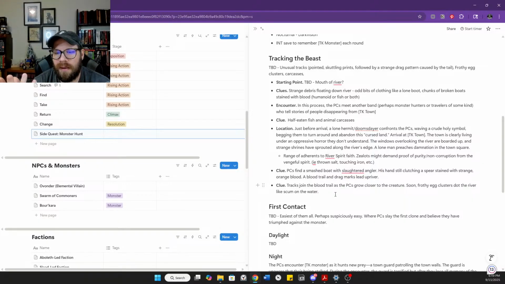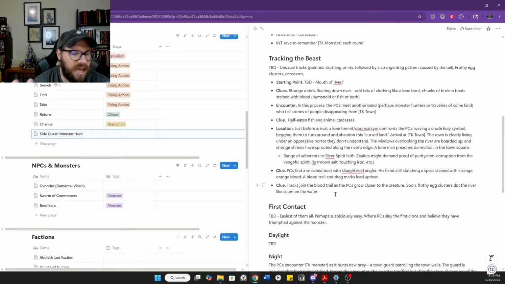Because if we're just repeating ourselves in different places, then that doesn't give the characters any new information. It doesn't feed the player's curiosity at all. It just becomes redundant. So the question, in my mind, is what is the value of having this encounter with another group of monster hunters or travelers who can give them some information?